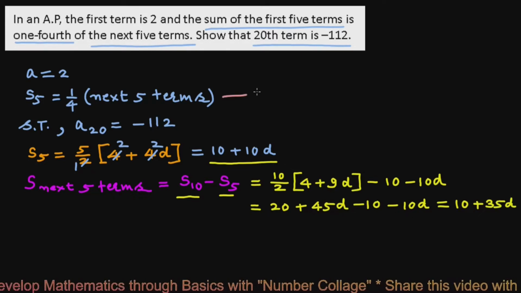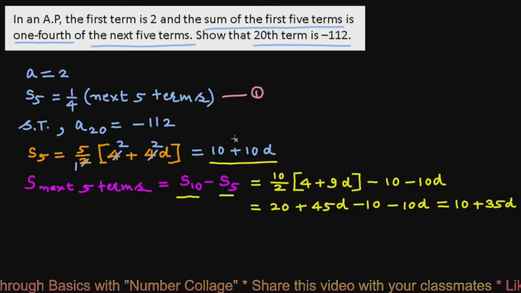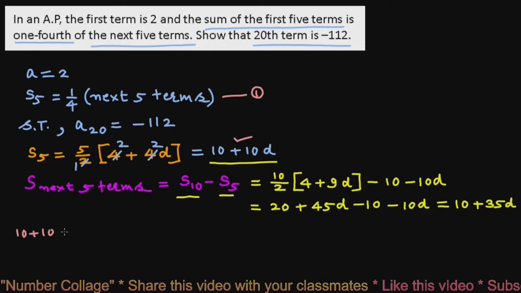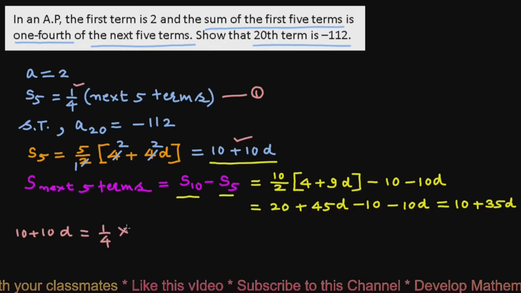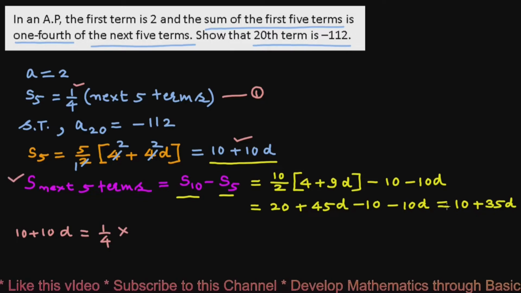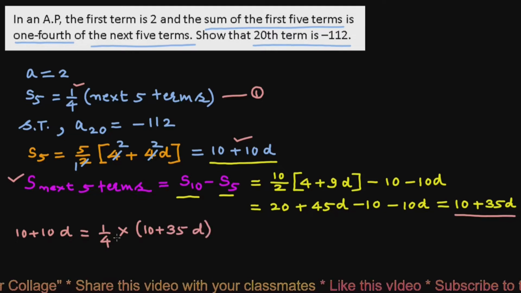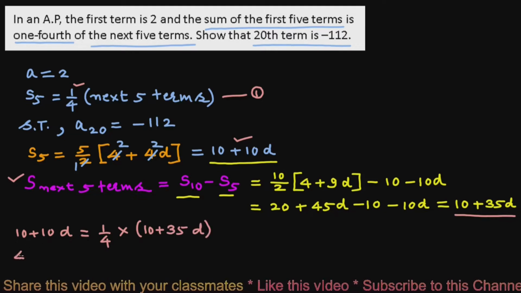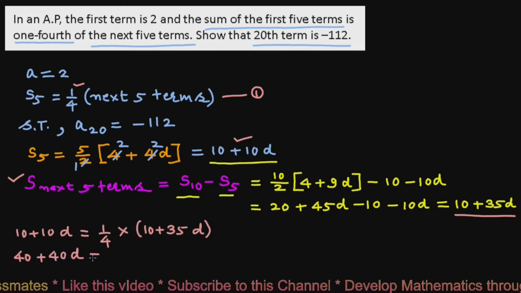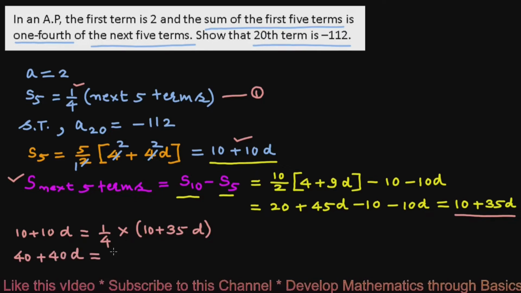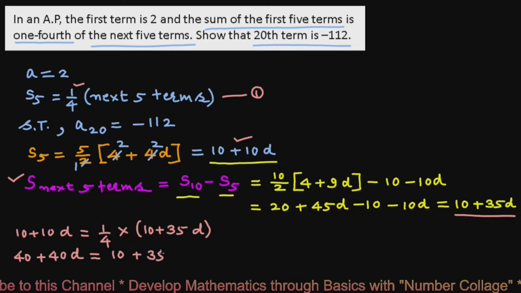Now from this equation 1 we write S5, which is 10 plus 10d, equals 1/4 multiplied by the sum of the next 5 terms, which is 10 plus 35d. 4 into 10, 40, 4 into 10 plus 40d equals 1 into 10, 10, 1 into 35d, 35d.